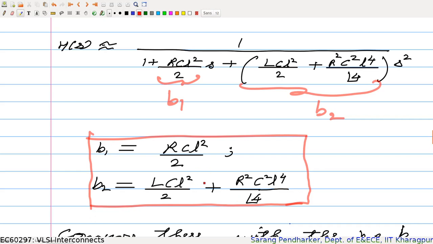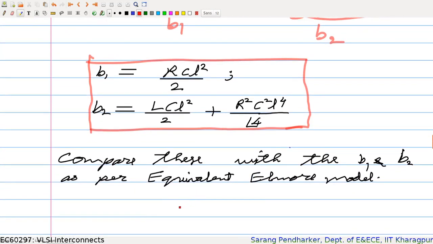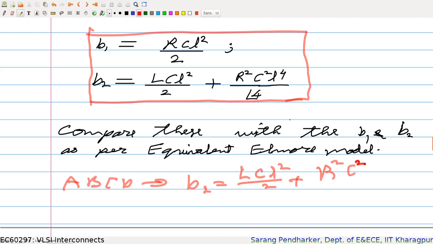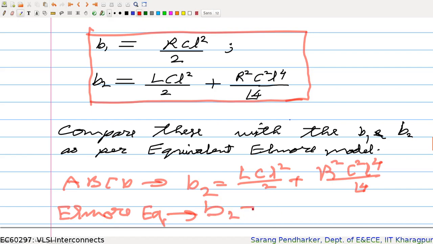Now if you compare this with the delay for the equivalent Elmore model, from ABCD parameters you get B2 as LC L square by 2 plus R square C square L to the power 4 by factorial 4, and with the Elmore equivalent model, you get your B2 as simply LC L square by 2.